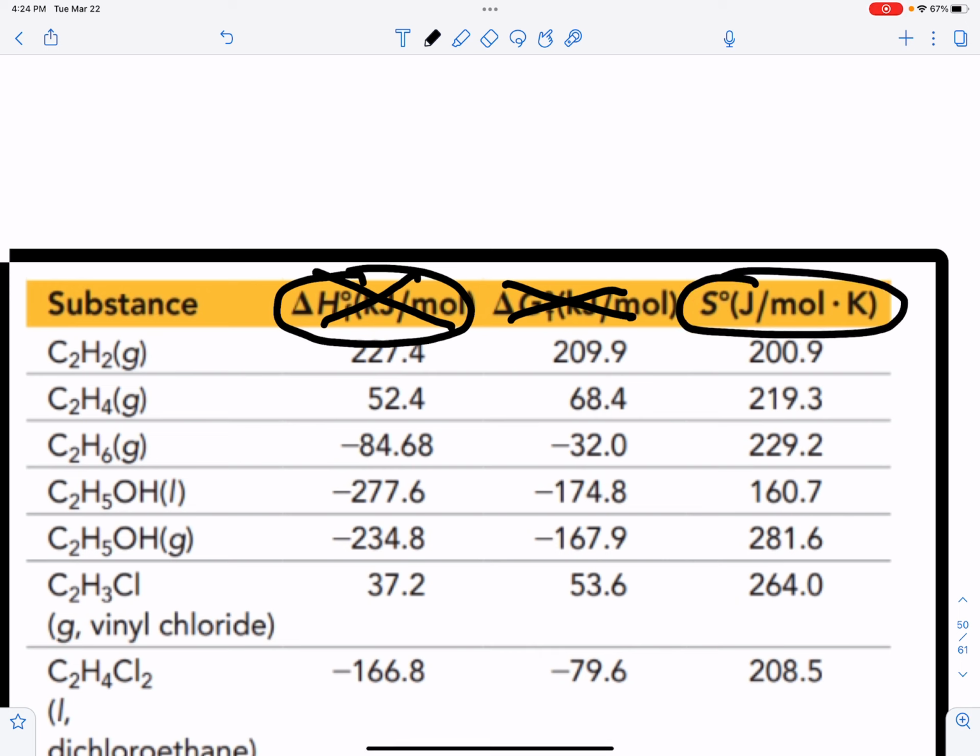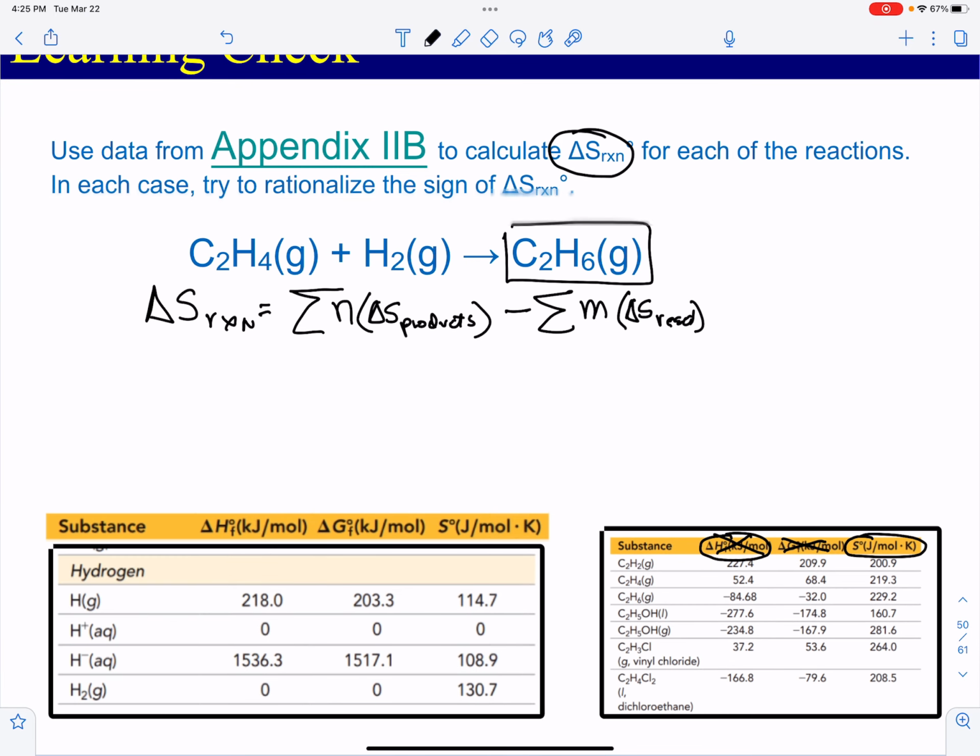So it's going to be 229.2 joules per mole Kelvin. It's the molar entropy, 229.2. So delta S of the reaction is going to be 229.2 joules per mole Kelvin. The coefficient is 1, times 1.